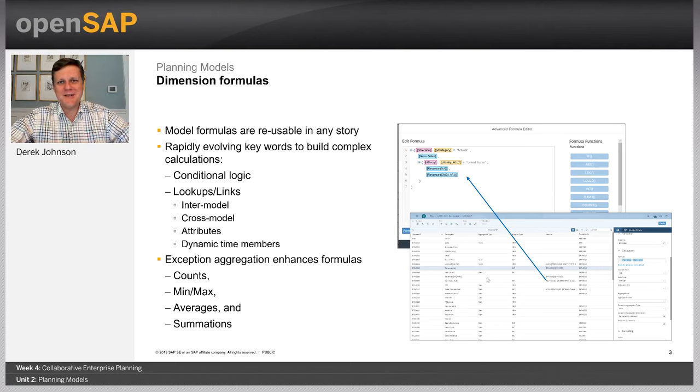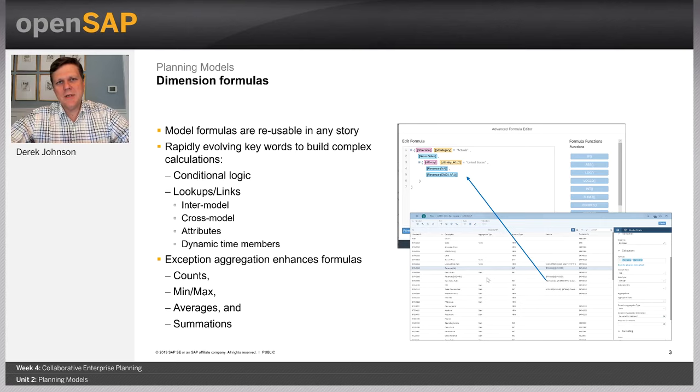No standard deviation in this case, but you can certainly see that there's a number of very analytical ways for you as a planner to look at your data and get some insights based on these exception aggregations and really get a better handle on what holistically is happening in your data and in your various planning scenarios. And certainly would encourage you to take advantage of these as well. And we'll include some examples of this and how to use that in this part of the exercise as well.